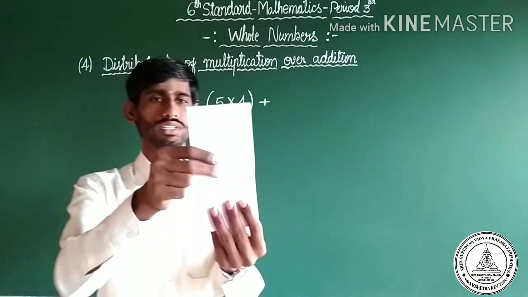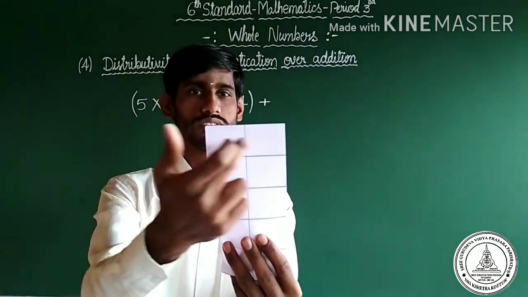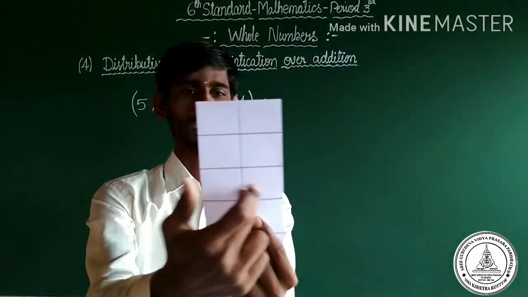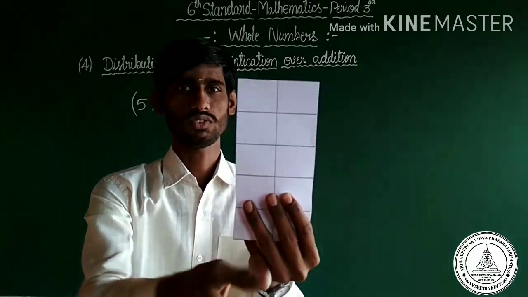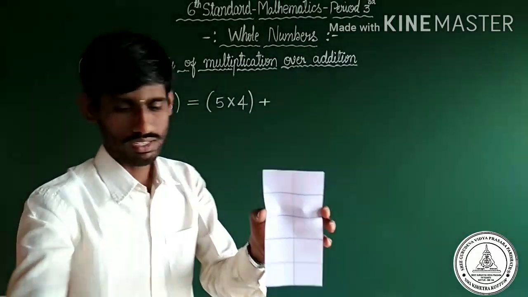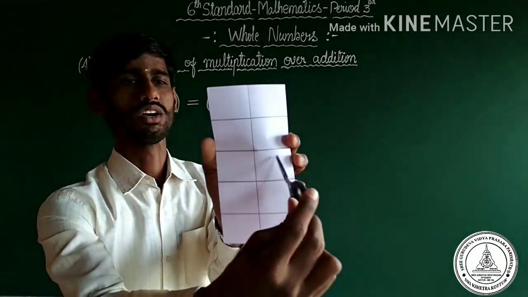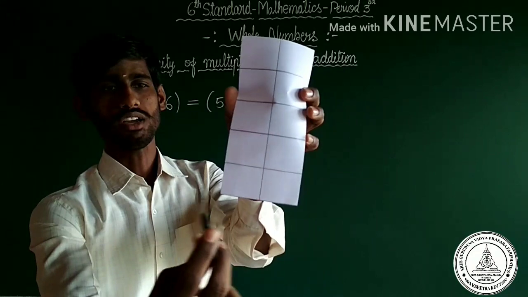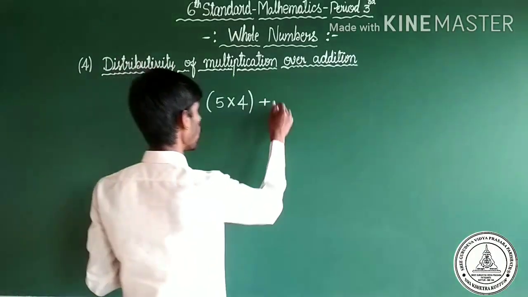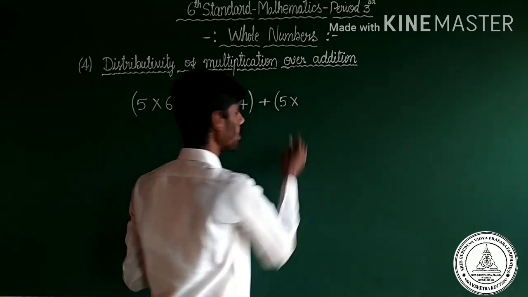Observe this paper. How many rows? Dear Chotu, this is the first row, second row, third row, fourth row, and the last one is the fifth row. So there are 5 rows. How many columns?